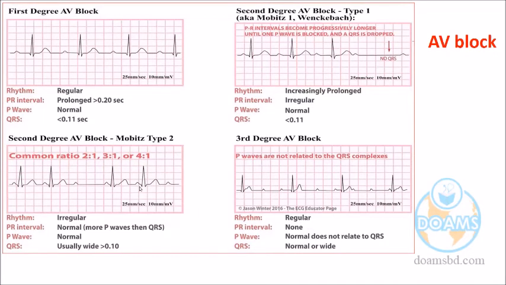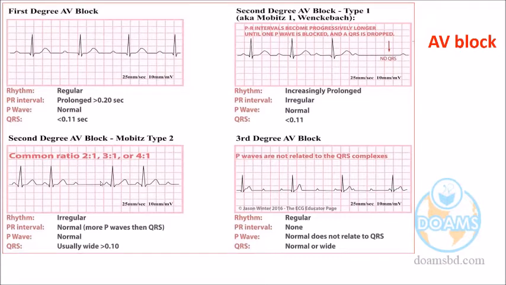PR interval is fixed in both. But the interesting thing is that in Mobitz type 2, the PR interval may be normal or prolonged. In first degree, the PR interval is prolonged, usually not normal. In Mobitz type 2, sometimes the PR is normal, but the characteristic feature is the dropped beat.